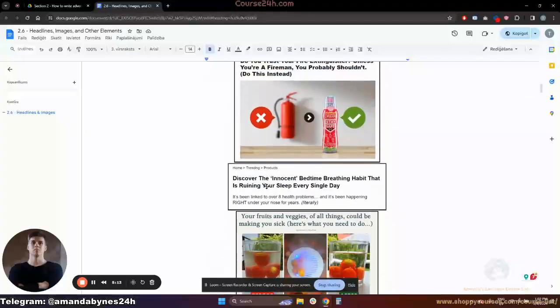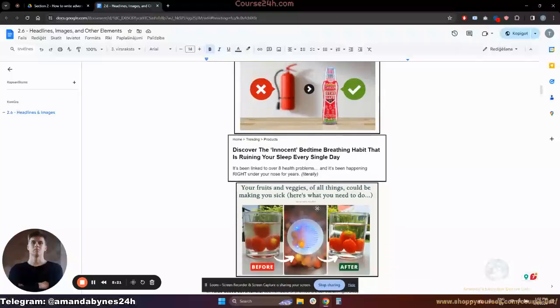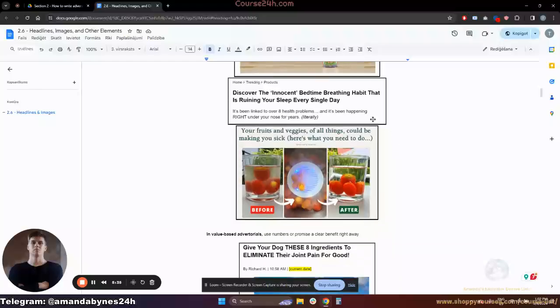For example, the innocent bedtime reading habit that is ruining your sleep every single day. People with bad sleep will see this and will try to understand what is the innocent bedtime habit that they're doing that is ruining their sleep. And here, for example, your fruits and veggies of all things could be making you sick. Here's what you need to do.